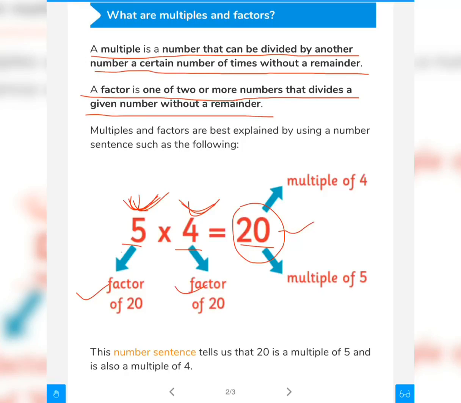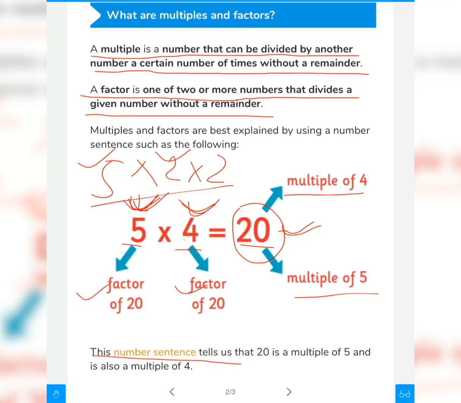This can also be extended like 2 multiplied by 2 multiplied by 5. So 5 into 2 into 2 means 5, 2 and 4 are also factors of 20, while 20 is a multiple of these numbers. So this number sentence tells us that 20 is a multiple of 5 and is also a multiple of 4. So I hope you like this.